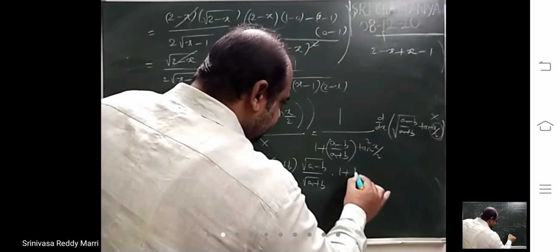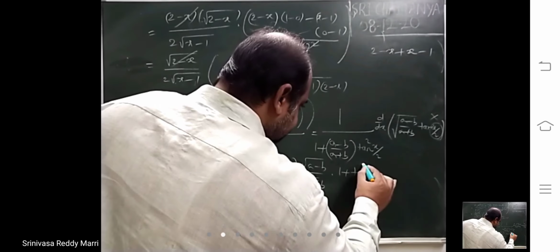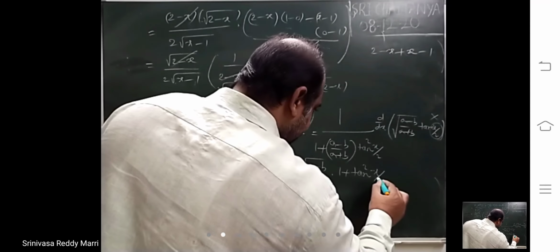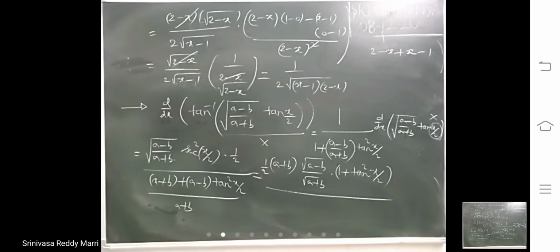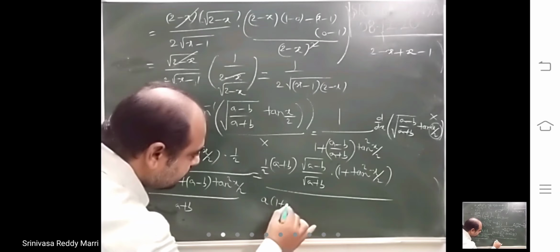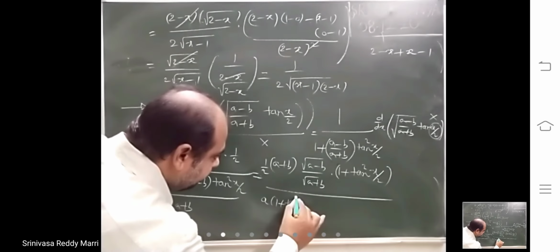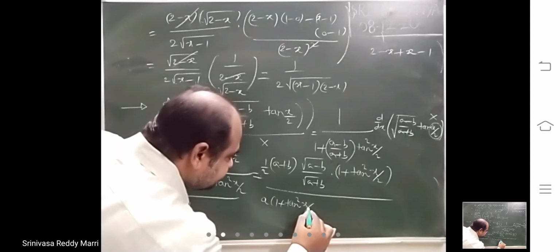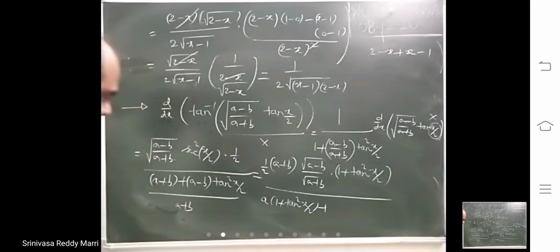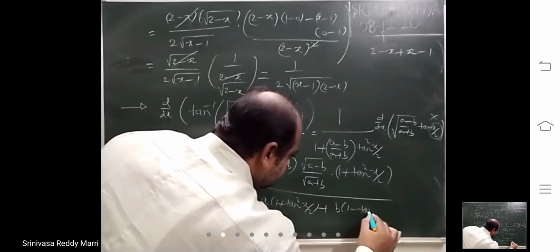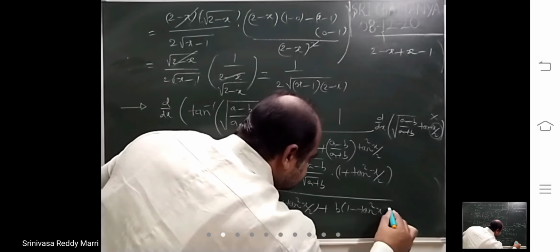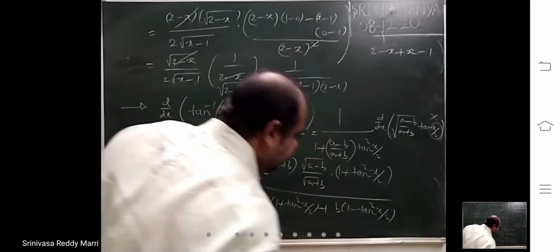Here I am writing 1 plus secant square, that is 1 plus tan square theta. Simplifying further, I am taking a common: a into (1 plus tan square x by 2) plus b into (1 minus tan square x by 2).